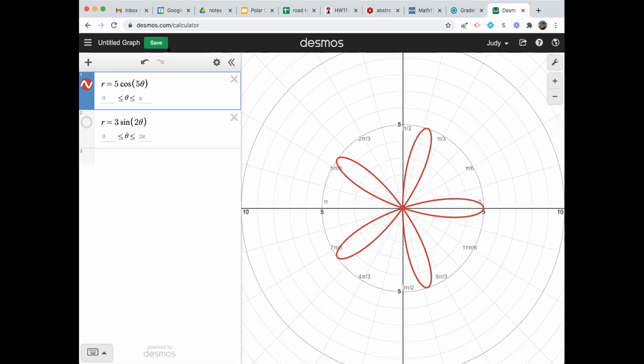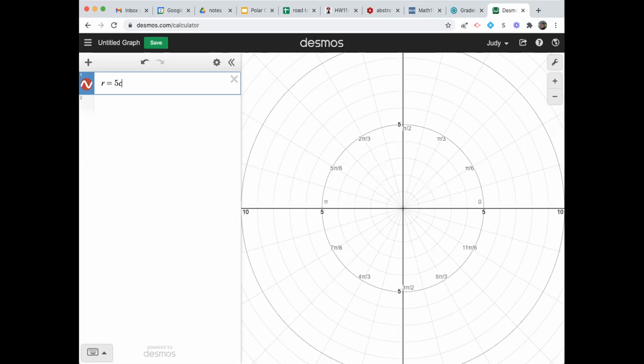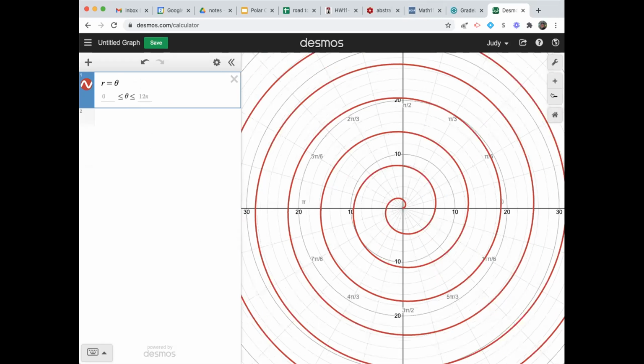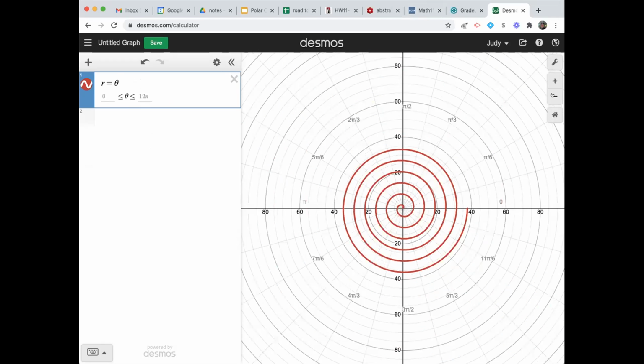Okay, so there are some spirals. If you look up Archimedes spiral, that is a shape that we're actually not going to get to. But if you just have r equals theta, okay, you actually get a spiral. Kind of zoom out a little bit, okay? If you want to make your spiral keep going, any ideas on how you could do that?